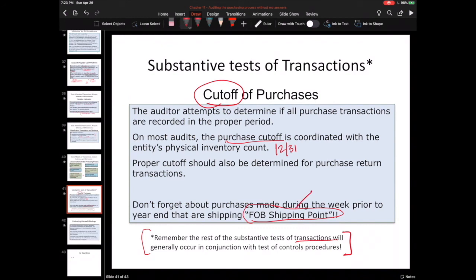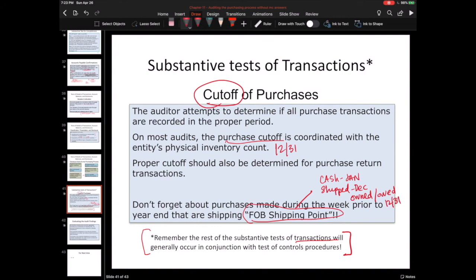So we may see purchases in our AP search where the cash goes out the door in January because that's when we actually received the goods, when we were actually invoiced, but technically these goods were shipped in December and they were shipped FOB shipping point. So technically we owned these things and we owed the money, right, in AP as of 12/31. So that's what should also be considered when you're testing cutoff.